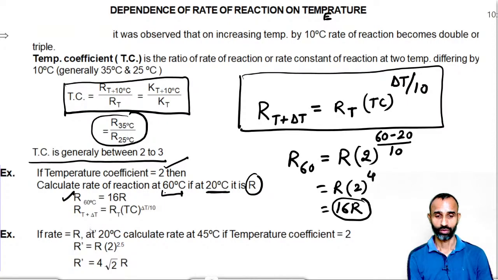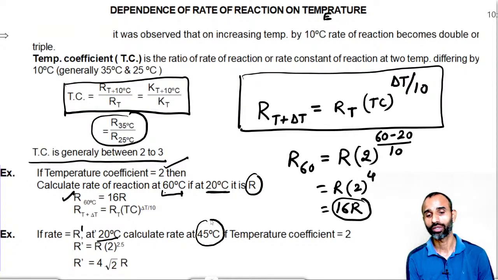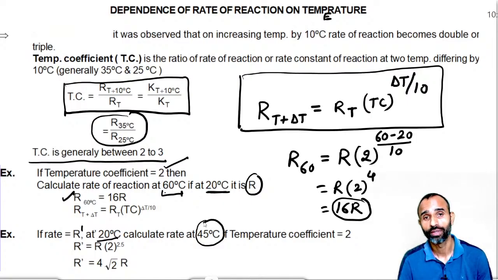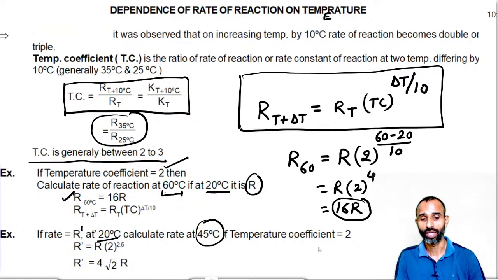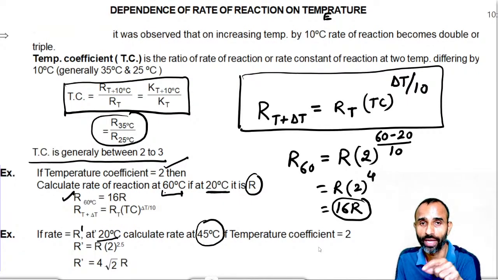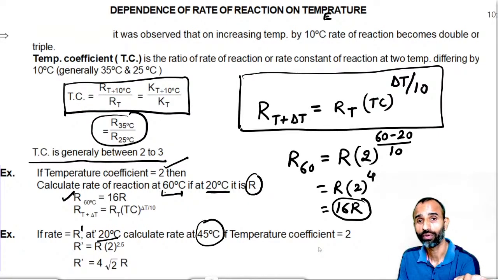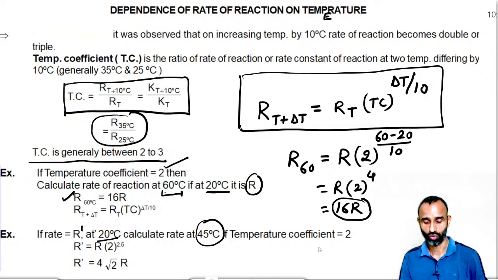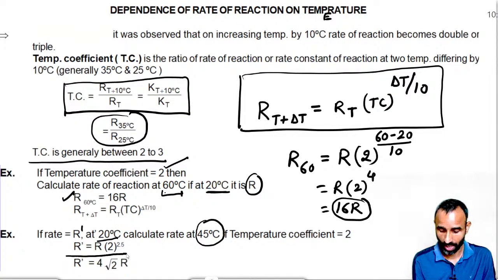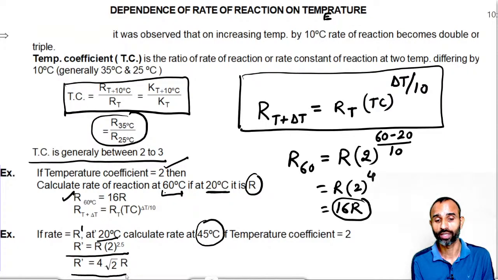Again, if R dash is the rate constant at 20 degrees Celsius, calculate the rate at 45 degrees Celsius. Again, we subtract 20 from 45, that is 25 divided by 10, that is 2.5. R dash is equal to R into 2 raised to power 2.5, that is 4 under root 2 R.